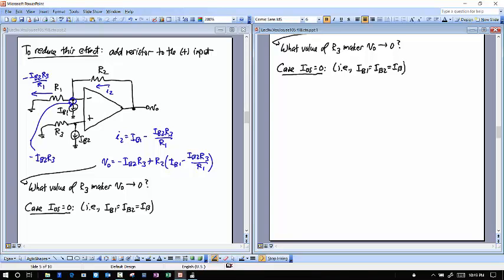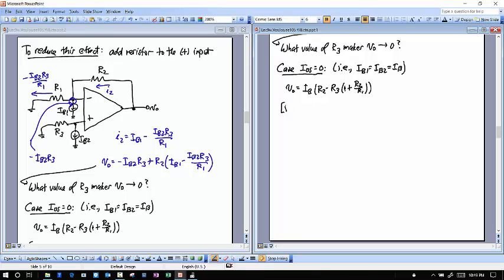So in this case, I'm going to take this equation for V0 and just plug those values in. So this becomes IB, and then do a little bit of factoring here. This becomes IB times (R2 minus R3 times (1 plus R2 over R1)).